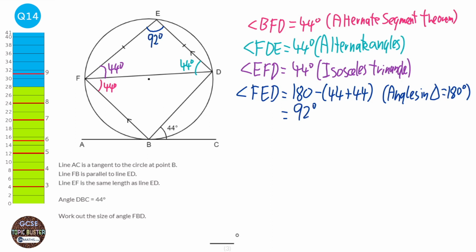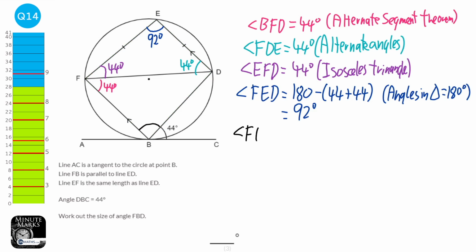And finally, took us a while to get there, but finally we can work out what this angle is, because in total all 4 corners of this quadrilateral here are touching the circle, so it's a cyclic quadrilateral. And so angle, what's it called in the question?